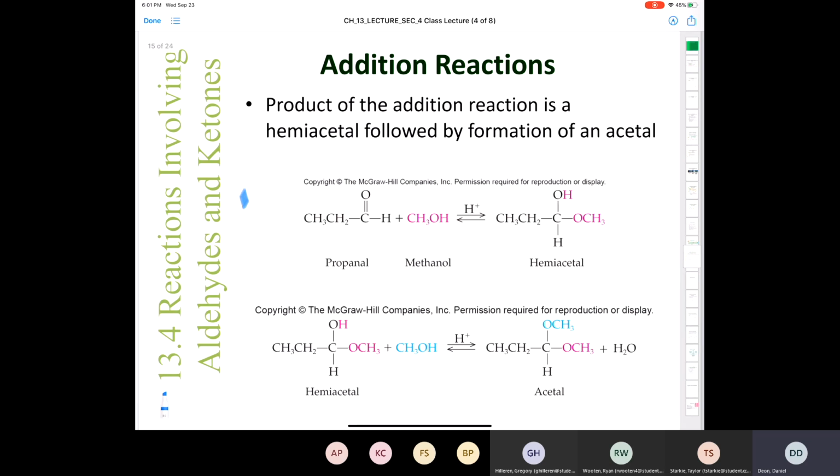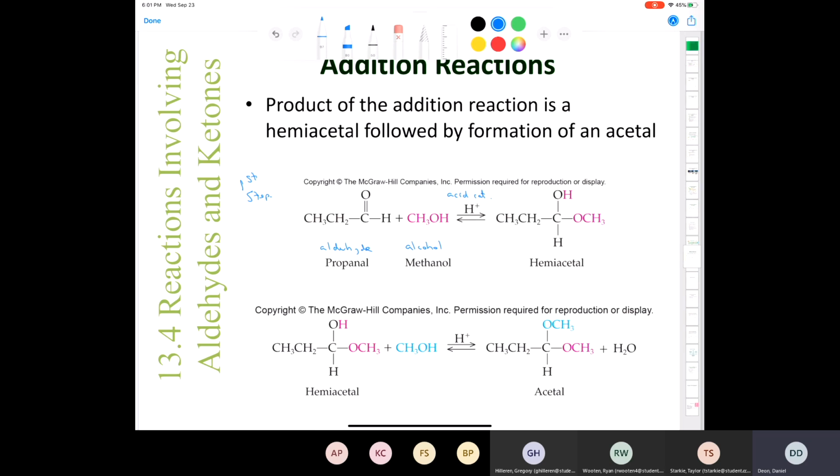This is the first step. We're taking an aldehyde. It's just propanal, so an aldehyde. We're treating it with methanol, which is an alcohol. I have my catalytic amount of acid, and I'll put acid catalyst like that.